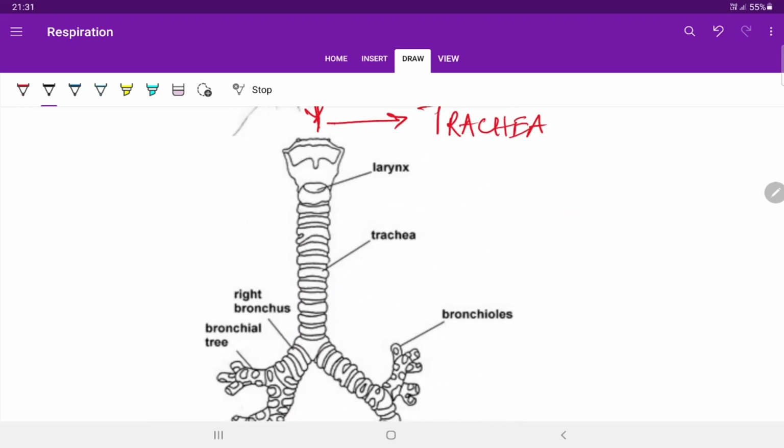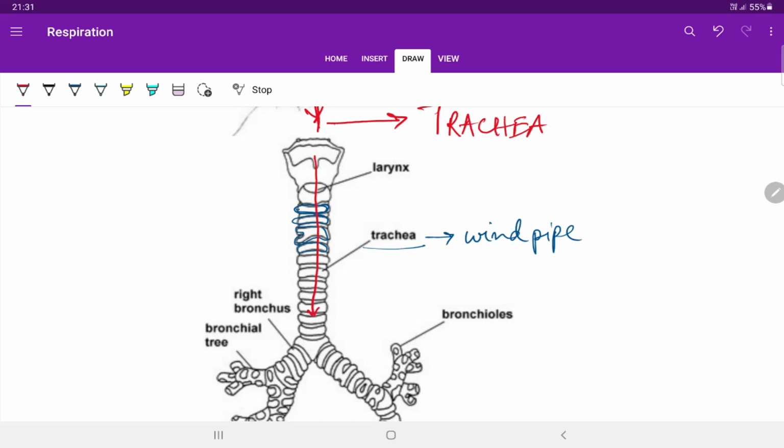The trachea also has cartilaginous rings which surround it, to prevent it from collapsing. So, the trachea is a muscular tube, but it has cartilaginous rings around itself. The trachea is otherwise called the windpipe, through which the atmospheric air is gradually travelling in.